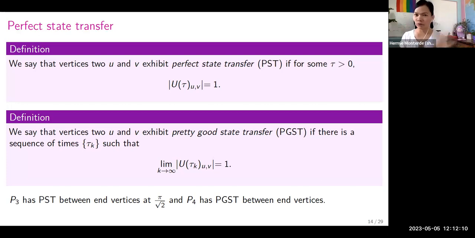Now, before I bore you with all of these definitions, why are these things important to physicists and mathematicians alike? Well, as you may already know, there's a lot of interest in building quantum computers, right?